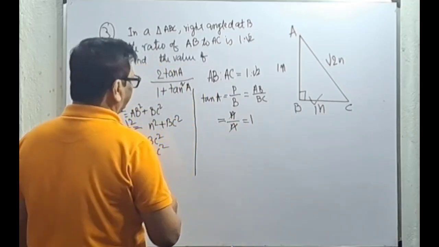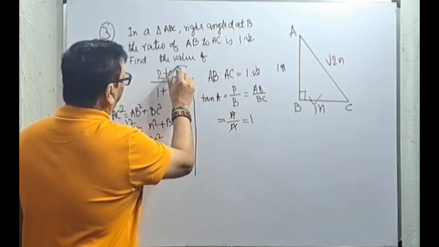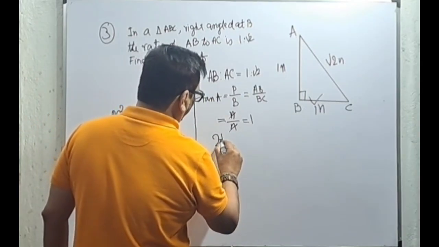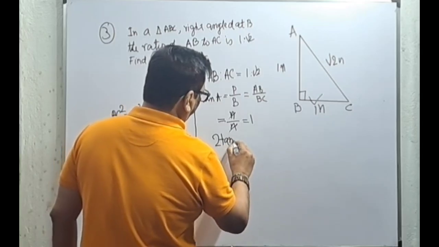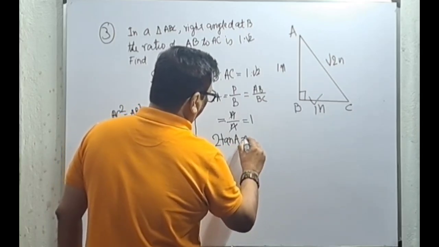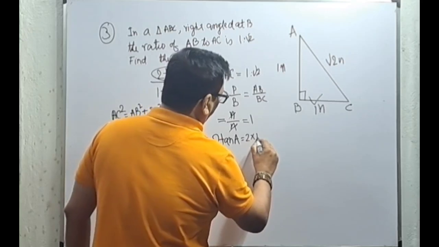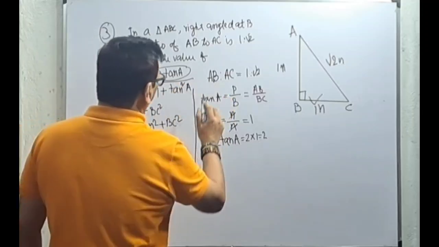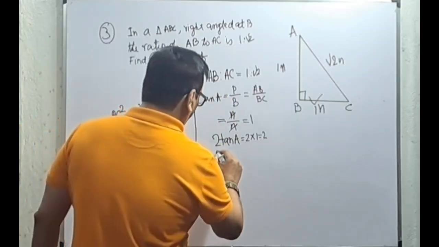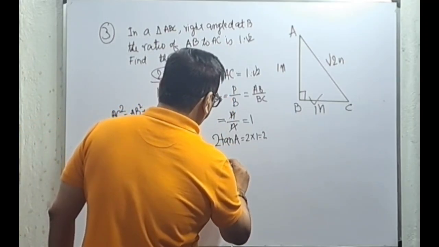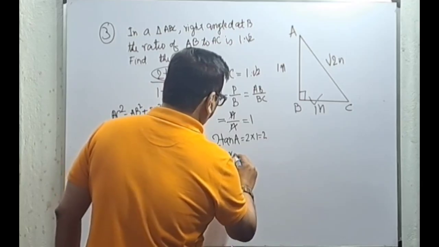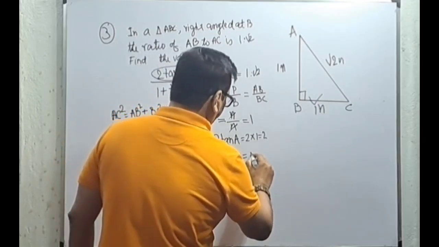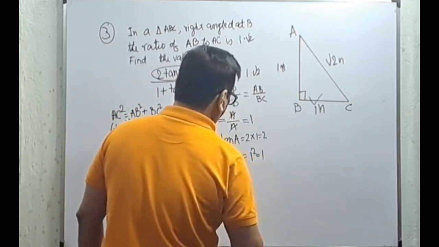So we find out first the value of 2 tan A. So 2 times tan A is equal to 2 times 1, which is equal to 2. Right? Now we find out the value of tan square A. So tan square A is equal to 1 squared. So 1 squared, which means 1.